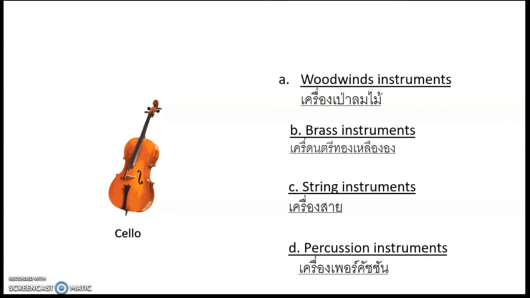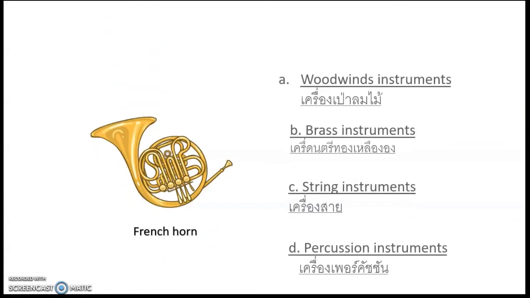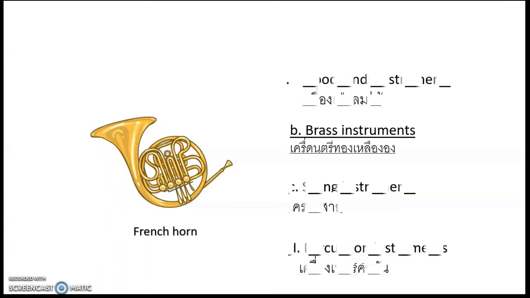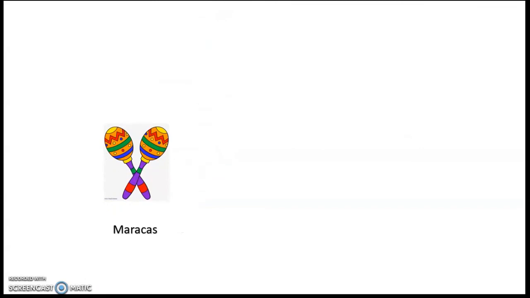And this one, the cello. Yes, letter C, string instruments. What about this French horn? Yeah, that's right. Letter B, brass instruments. And this one, the maracas.